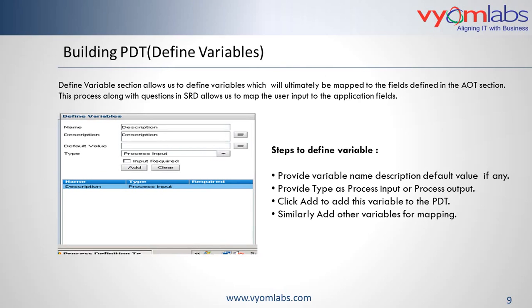Now we will see defining variables as part of the building PDT process. The define variable section allows us to define variables which will ultimately be mapped to the fields defined in the AOT section. This is what we explained earlier also. While defining the variables for PDT, we have to define as many variables as we have AOT fields.